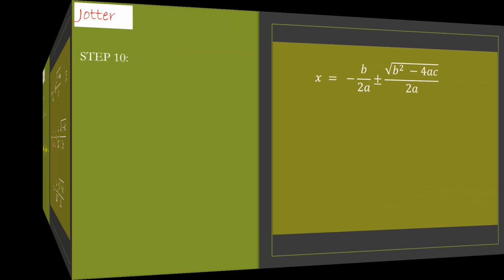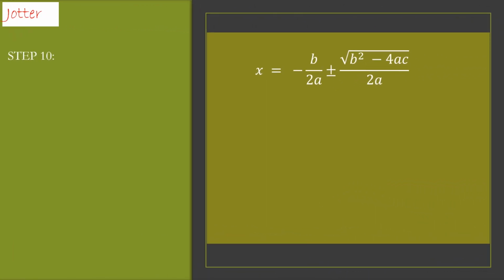This step 10 is our final step. And what we want to do is to simplify the right hand side further so that we have one term instead of 2 that we have there. And it's very simple because the two of them have the same denominator.